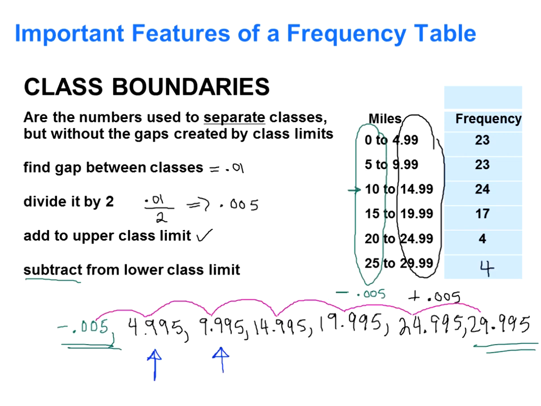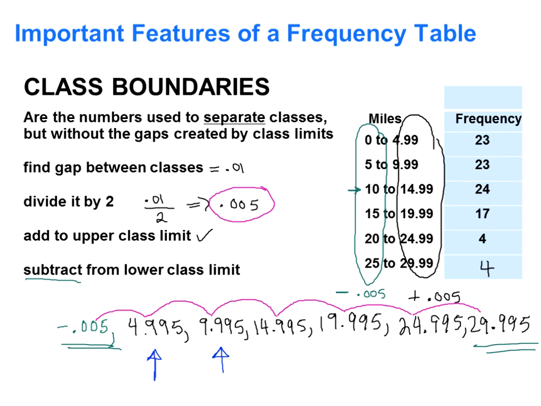That 0.005 came from taking the gap between your classes and dividing by 2. And that's when we added it to the upper class limit and subtracted it from the lower class limit.